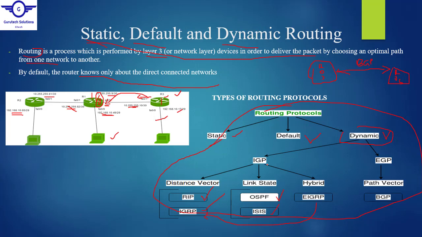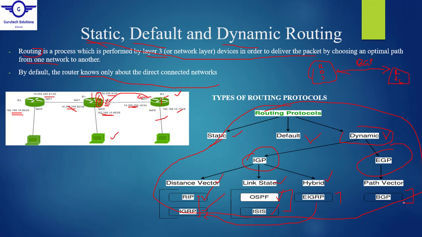Under dynamic, you must understand interior gateway protocol and exterior gateway protocol. And under interior gateway protocol, there are distance vector, link state, and hybrid. Guys, don't worry about these routing protocols. We are going to cover them in our practicals.